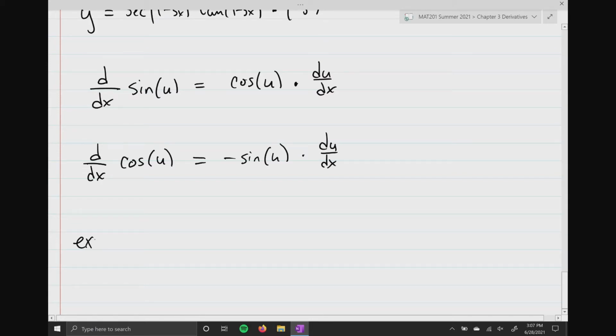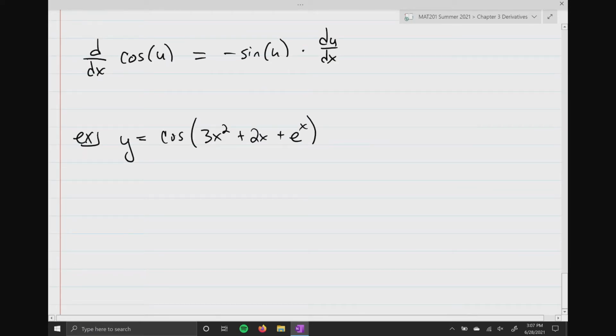Some specific examples would be something along the lines of y equals the cosine of 3x squared plus 2x plus e to the 2x. Now let's keep it simple. We'll just say e to the x for now.